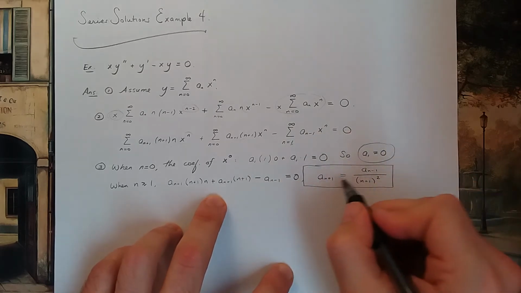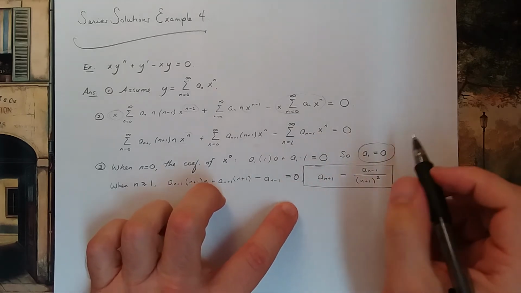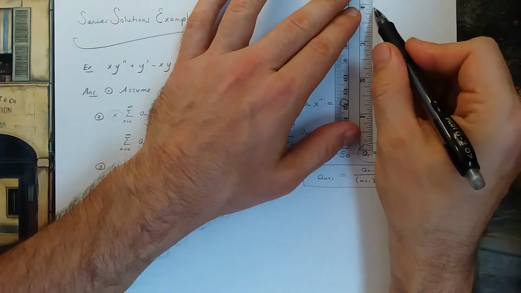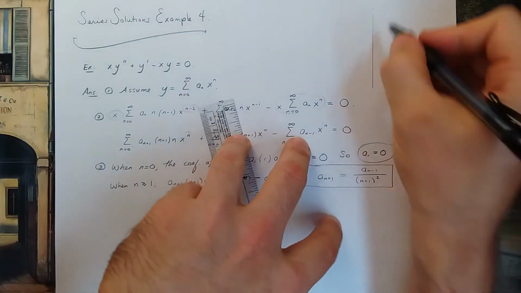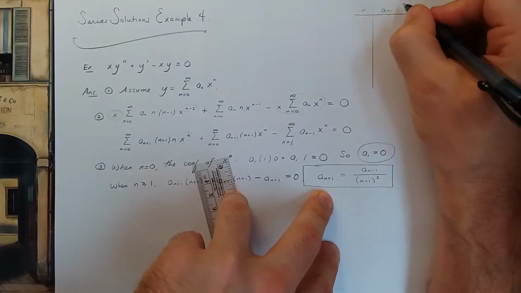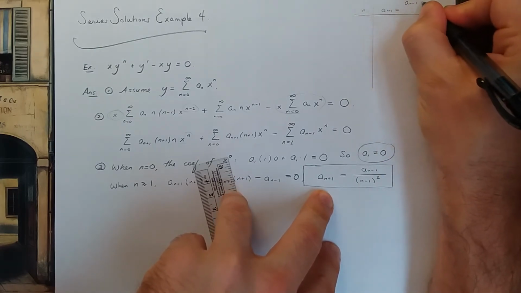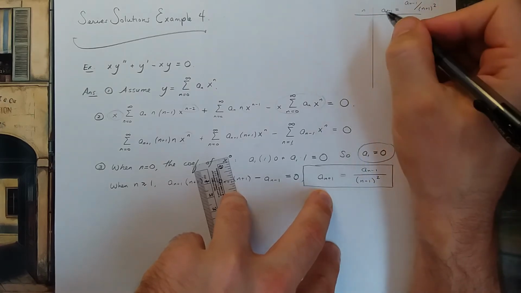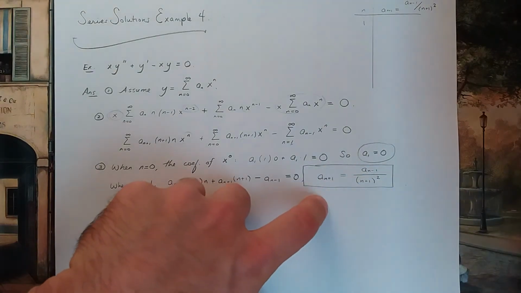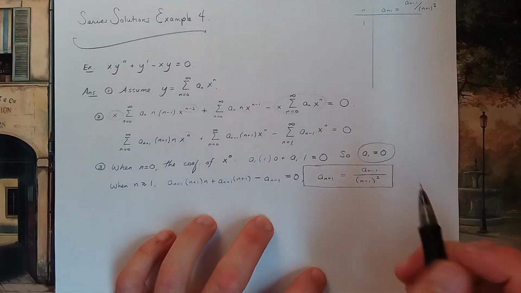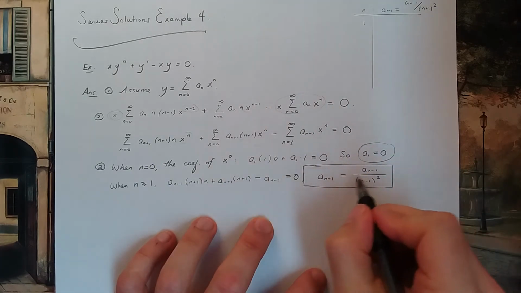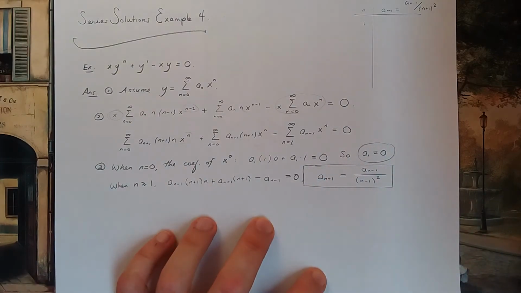This is my relationship between a_(n+1) and smaller values of the same sequence. I'm going to draw a table with values of n and this relationship. This relationship really starts kicking in when n is 1, so I'm not going to plug in 0 here. If I did plug in 0, and I've seen students erroneously do that, I would get an a_(-1) term. That doesn't make sense, so this doesn't make sense until n is 1 and beyond.